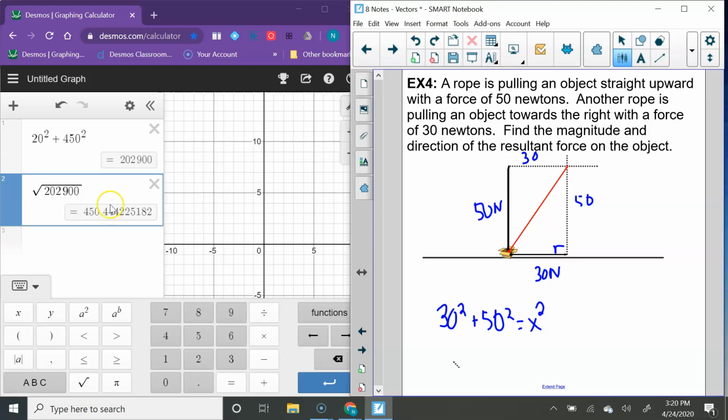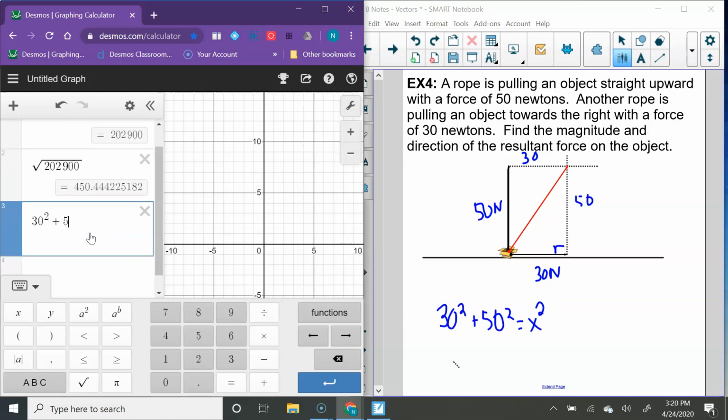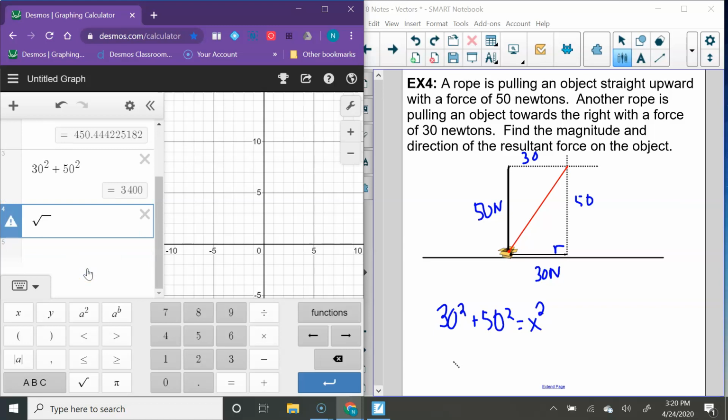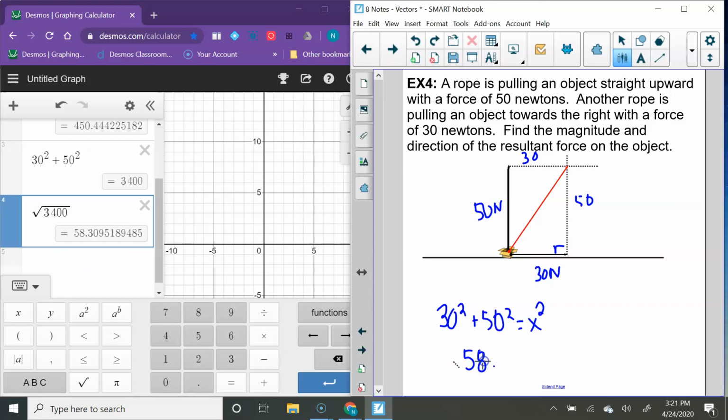And so if you do that over here, 30 squared plus 50 squared is 3,400. If you take the square root of it, you're going to get 58.310 newtons here.